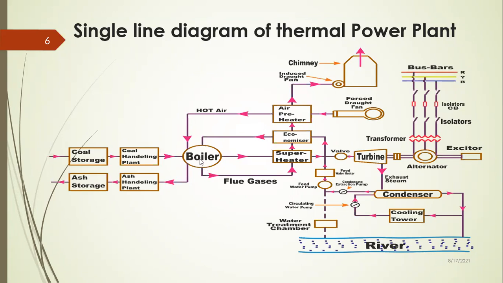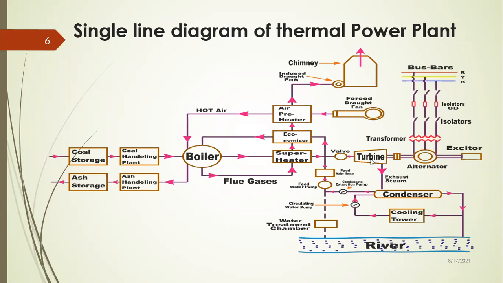From this boiler, the steam is fed to the superheater, where it is heated again to its superheated value. Then that superheated steam is fed through this valve to the turbine.